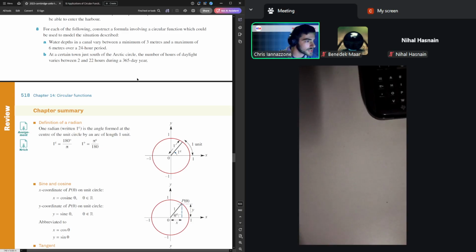Part A. Water depths in a canal vary between a minimum of 3, maximum of 6 over a 24-hour period. They're a little bit simplistic, but we'll go for it. Oh, it's actually not too bad. It's got a bit of depth to it.